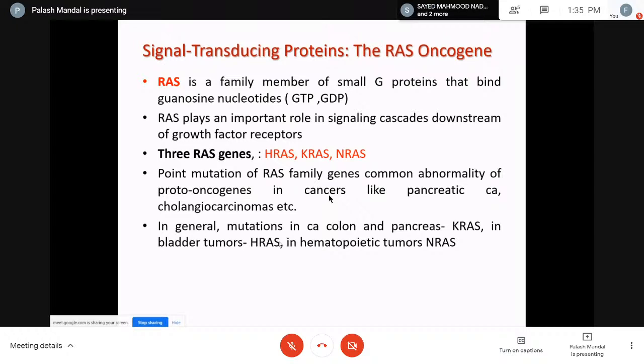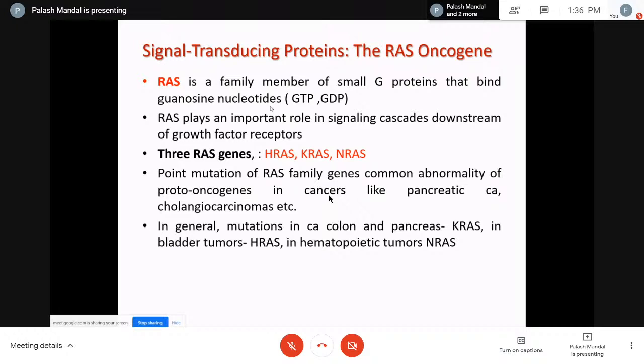Now the signal transducing protein, the RAS oncogene. So the RAS is a very important oncogene which is a signal transducing protein, and RAS is a member of the small G proteins that bind the guanosine nucleotide, the GTP, guanosine triphosphate, guanosine diphosphate, etc. And it plays an important role in signaling cascade downstream of growth factor receptors.